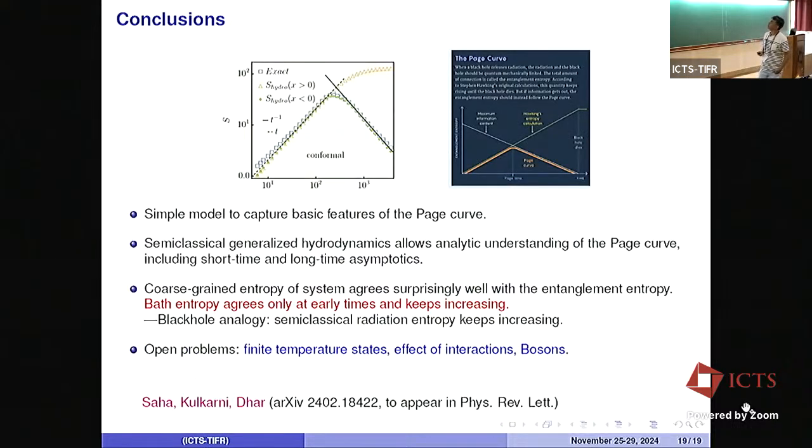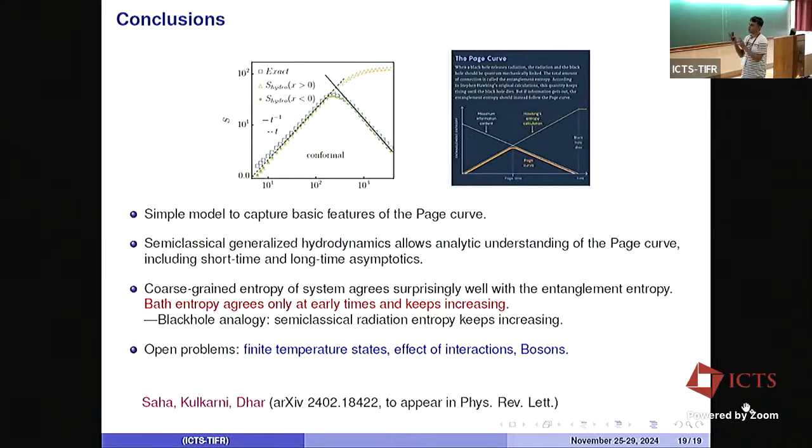I have a lot of time, but I'll take questions maybe. Basically, what we discussed is a simple model which at least captures some basic features of the Page curve.